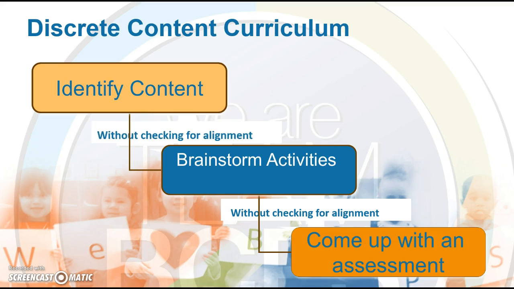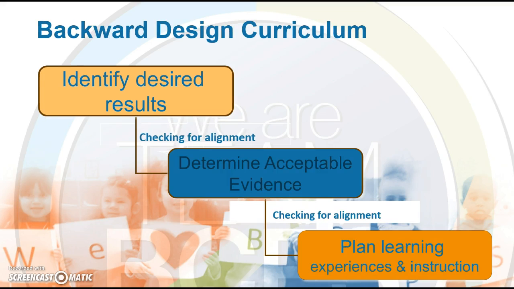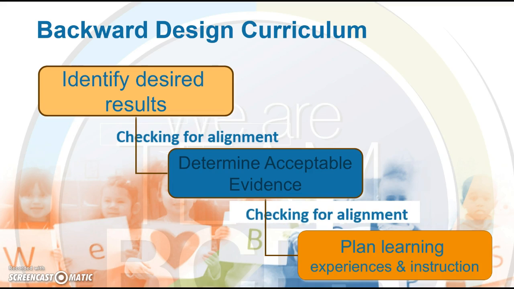So with backwards design, we're looking at things a little bit differently. We want to identify the desired results, we want to make sure it's aligned, and then we're looking at that acceptable evidence. And then once we've identified the acceptable evidence that shows that the students understand those desired results, we're checking for alignment again, and then we're planning those learning experiences and instruction.